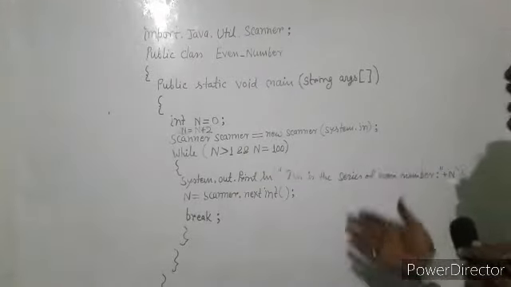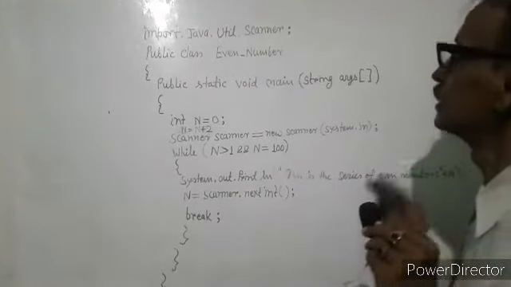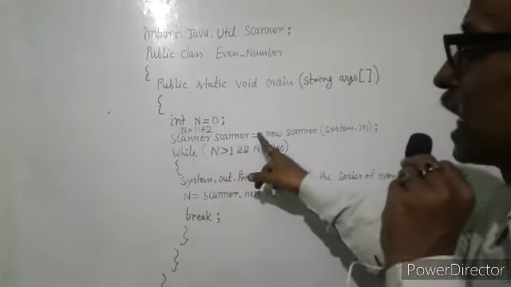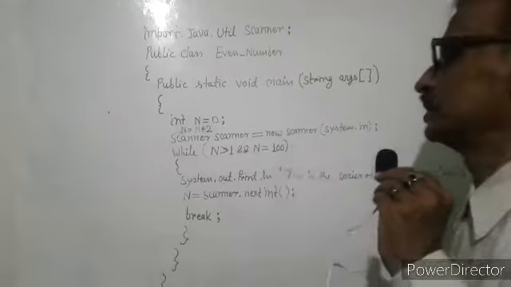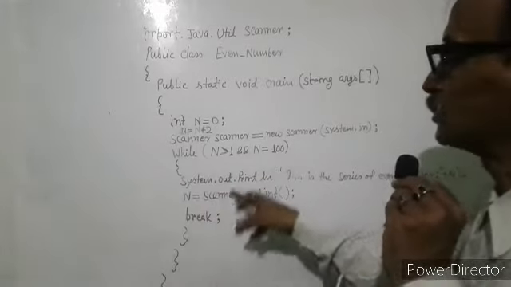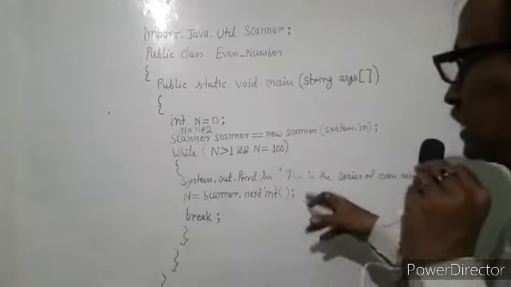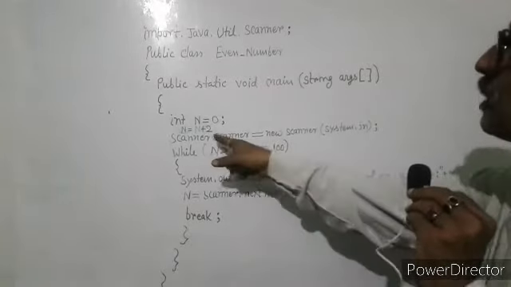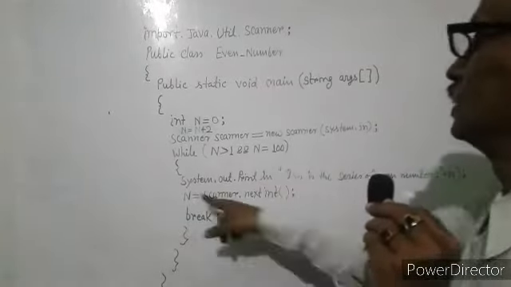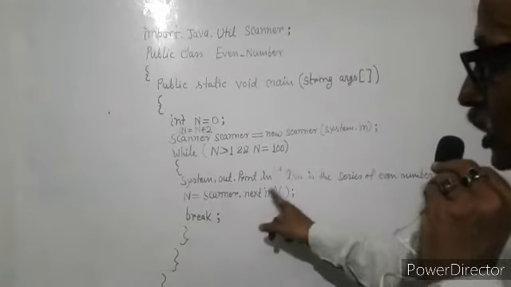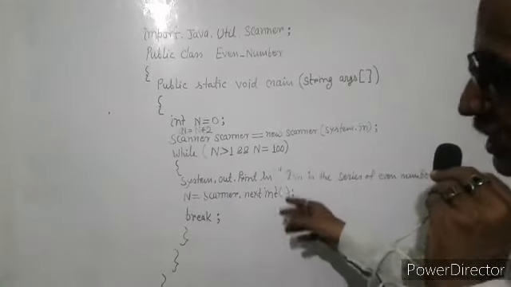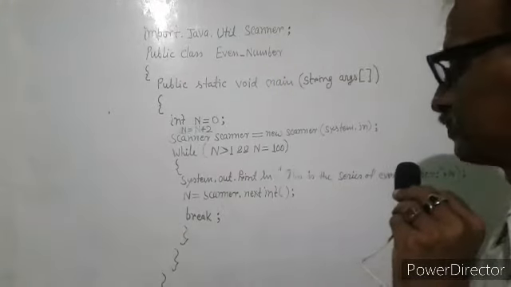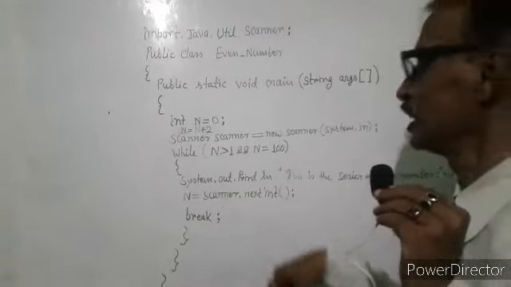Scanner new Scanner(System.in); while n is greater than 1 and n is 100. System.out.println("This is the series of even numbers" + n), that means the value of n is 2. Then n = n + 2, so n became 4.